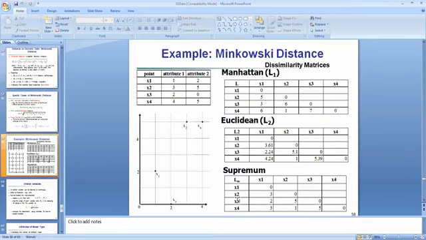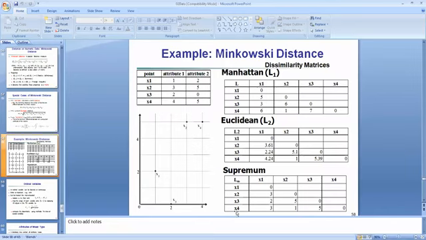The distance between x2 to x1 is 3, whereas in Euclidean distance it is 3.61. Distance between x3 to x1 is 2, whereas it is 2.24. Distance between x4 to x1 is 3, it is 4.24 in Euclidean. Distance between x3 to x2 is 5, whereas by using the Euclidean distance, it is 5.1.